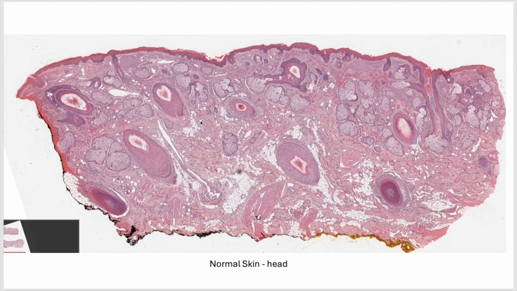The reason is we can see abundant sebaceous glands, and the sebaceous unit is very prominent in this section. Also, we can see abundant hair follicles, and some of the hair follicles are extending super deep into the subcutaneous fat. Those are all features of the skin in the scalp area, or at least on the head.